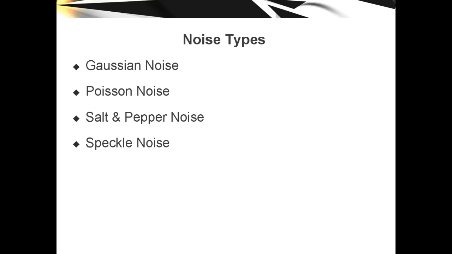It satisfies a Poisson distribution. Salt and pepper is interesting because there are bright noises on the dark background and also dark noises on the bright background. And speckle noise is a kind of scaled uniform distribution noise.